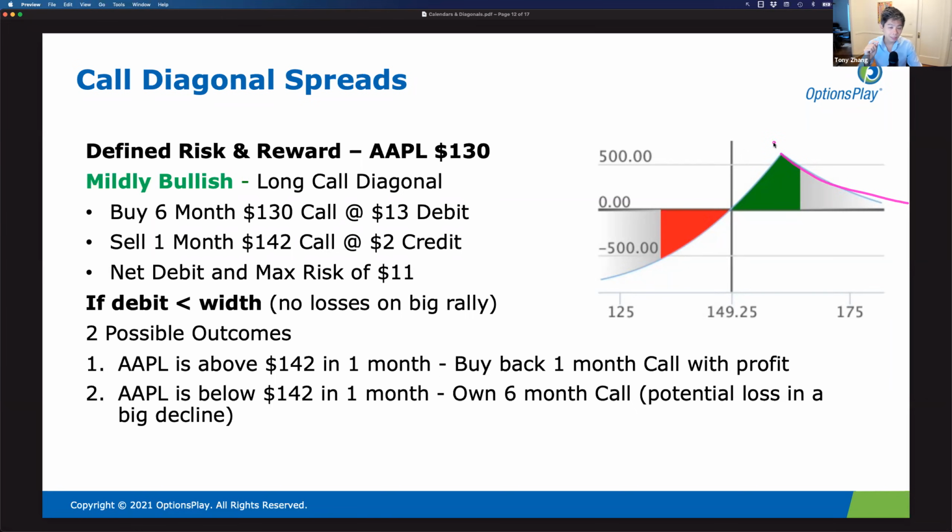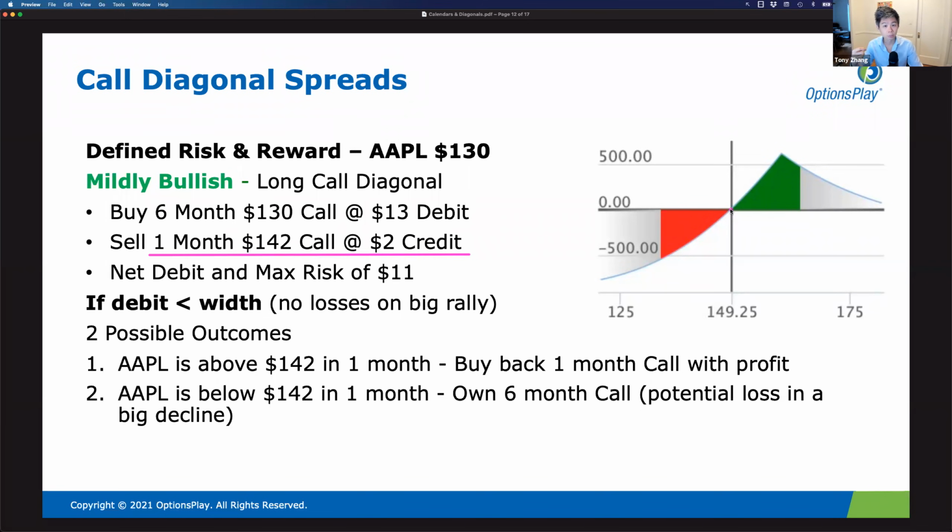But there are some significant advantages to trading a diagonal spread versus trading a debit spread. And that is the fact that over the short run, during the first month, your net theta many times can actually be positive, meaning on a debit spread, if the stock doesn't move, you're going to have some losses. Not a whole lot, but you're going to have some losses.